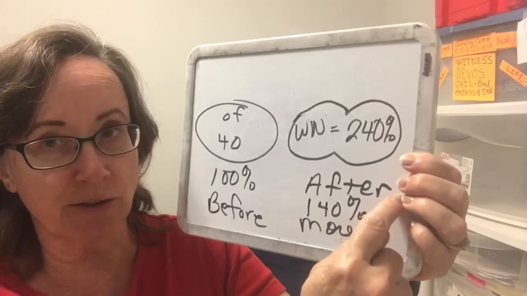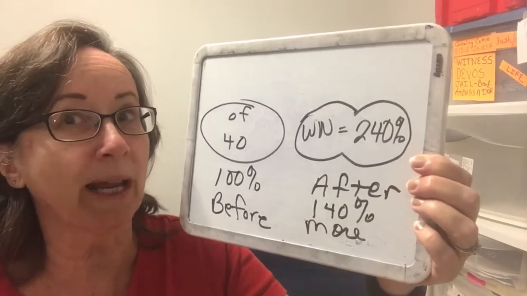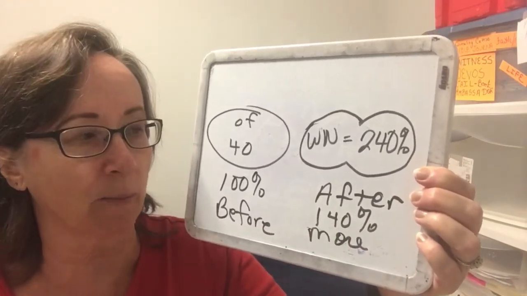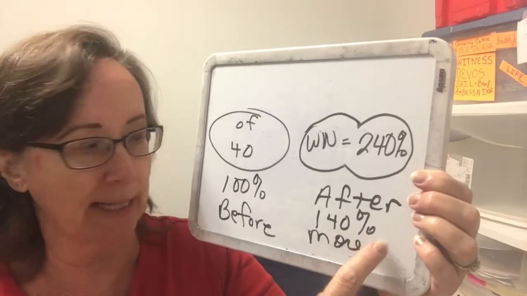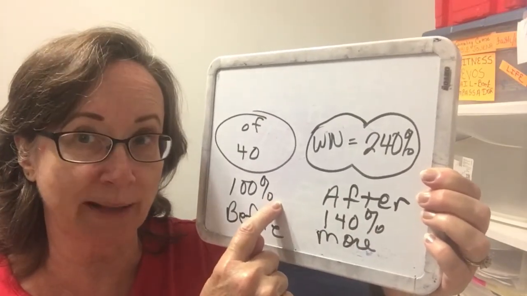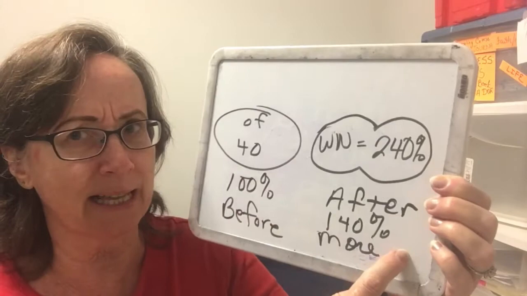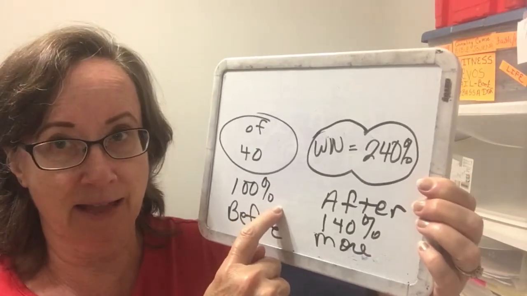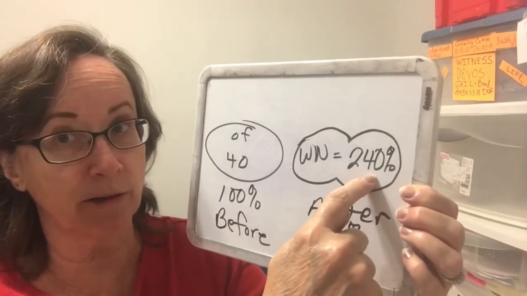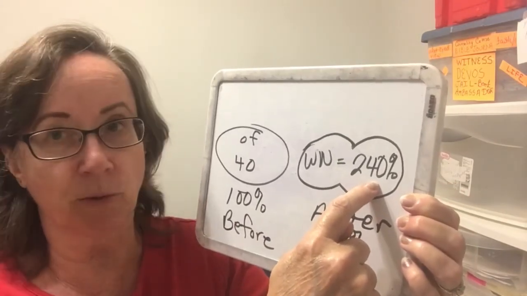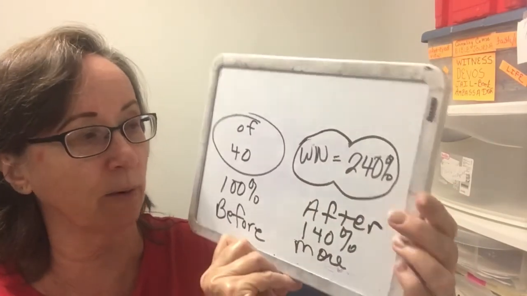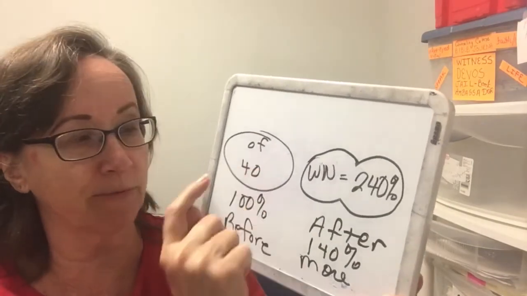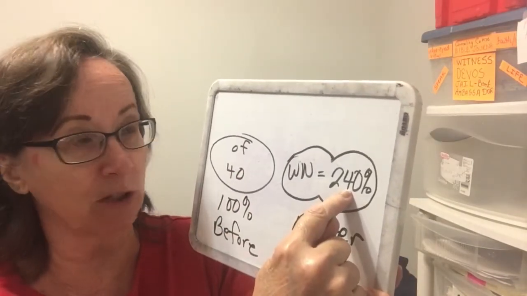Then after the fog, there were 140% more frogs. Well, 140% is added to the 100% that was already there, because it said 140% greater than that. So it's really 240% of whatever number we're talking about. The 100% was the 40, and now we're talking about the 240%.